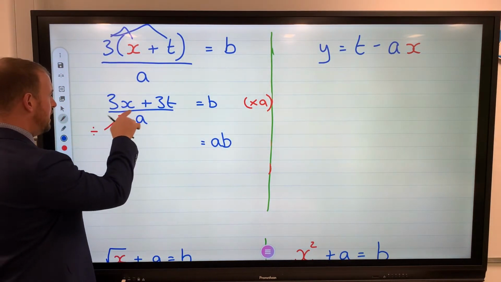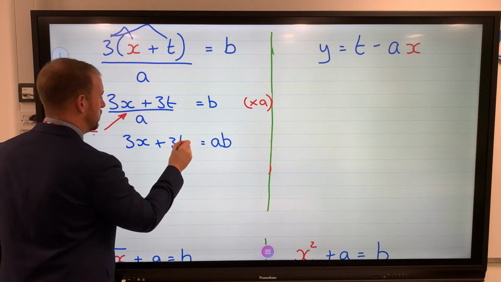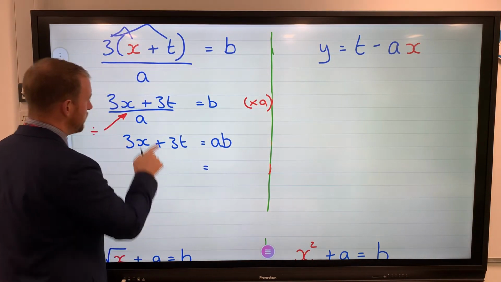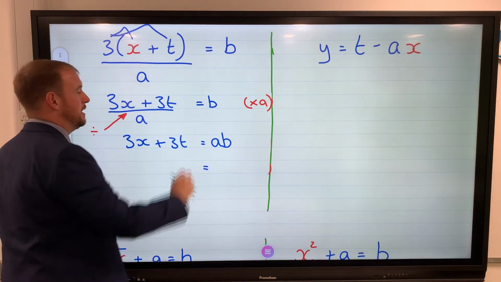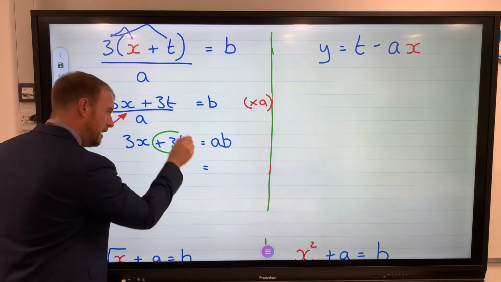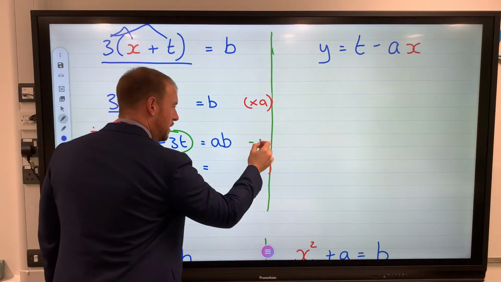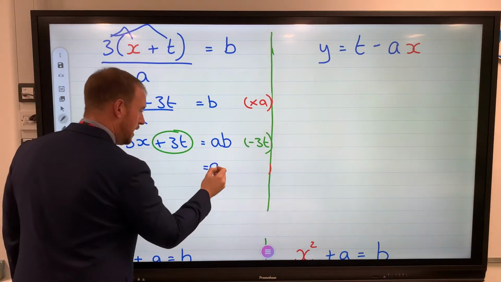So if I eliminate this divide by a, I now have 3x plus 3t on the top, which now has it by itself because I've eliminated this divide by a. To make x the subject, I need to eliminate this plus 3t by subtracting 3t from this ab.